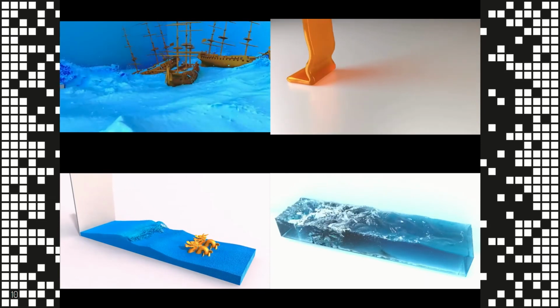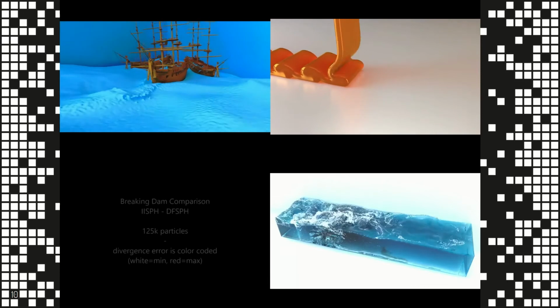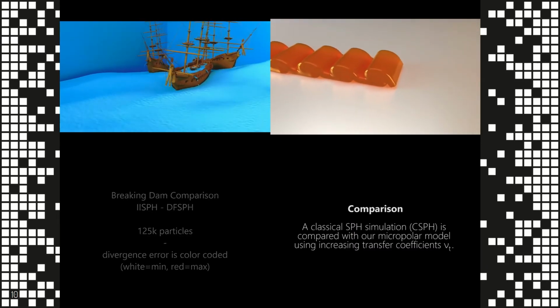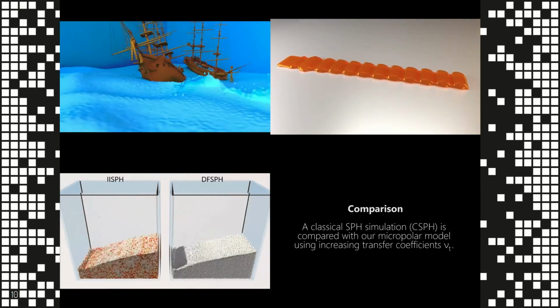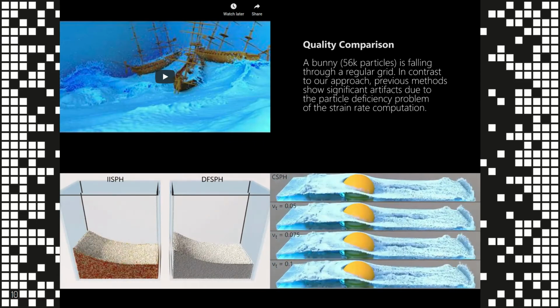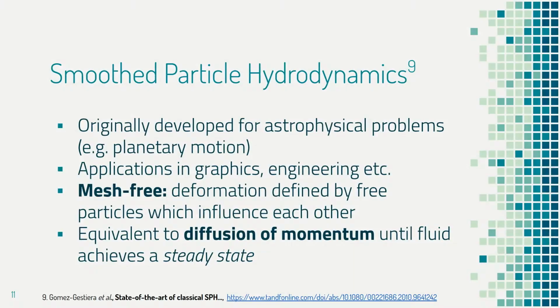And there is certainly a devoted community that works very closely with SPH and applies it to very practical applications in engineering. But as you can see, it is also capable of capturing viscosity, collisions, vorticity, and of course very large-scale wave breaks.